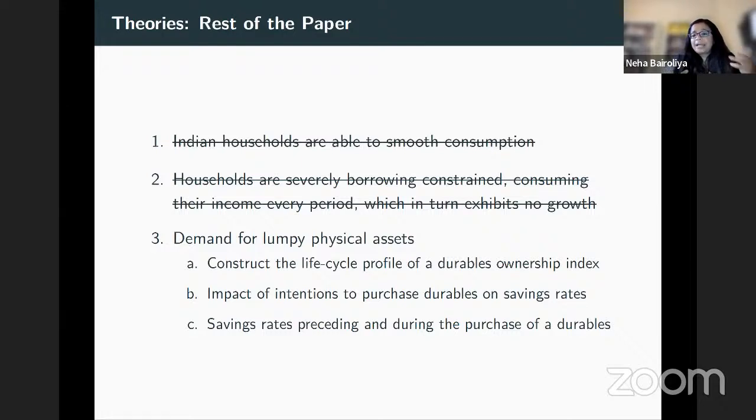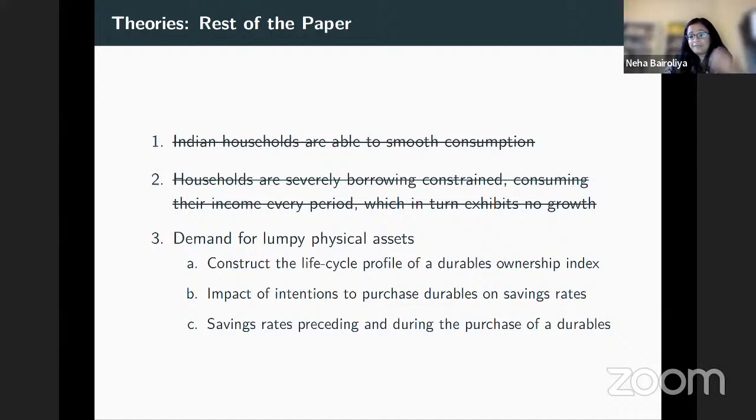And again, we are going to look at it in multiple different ways. First, we are going to construct a life cycle profile of a durables ownership index, because we have a physical inventory of every single durable that households own, or a majority of them. So we can look at how this ownership changes. Second, we do observe intentions to purchase durables within a very tight window of 4 calendar months. So we're going to utilize this information to see how savings rates differ by intentions to purchase these durables.